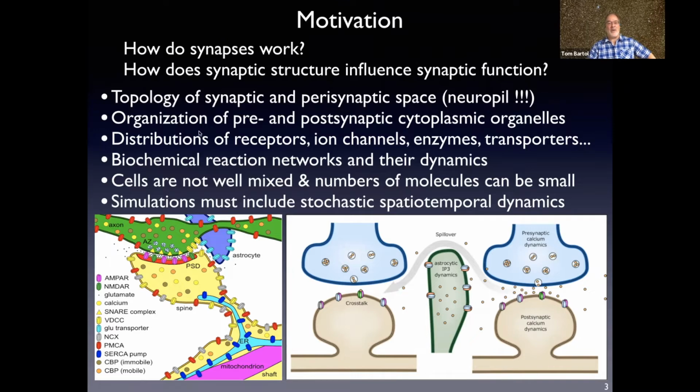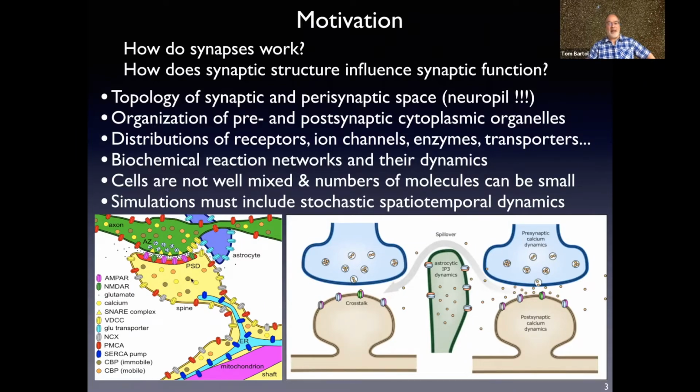We need to model the organization of the cytoplasmic organelles that exist in synapses. We need to study and include the distributions of receptors, ion channels, enzymes, transporters, et cetera, on those membranes. And then, of course, the biochemical reaction networks that govern those interactions. And after all this, it's easy to see that cells are not well mixed.